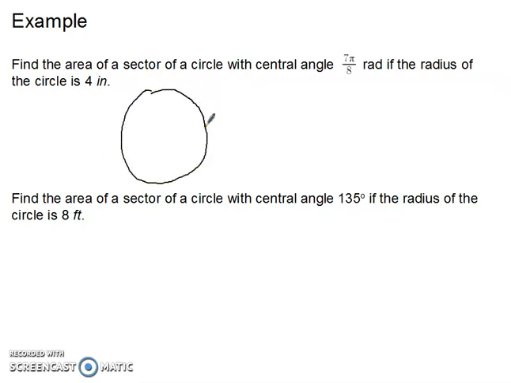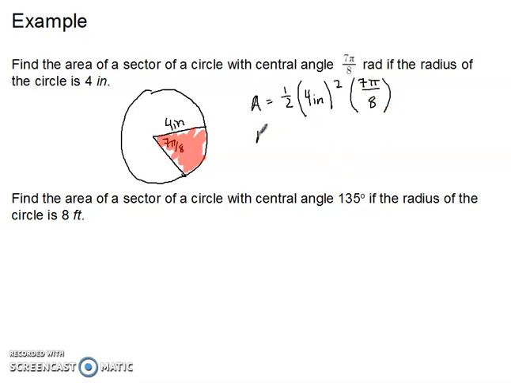Here I have a central angle of 7 pi over 8 and a radius of 4 inches, and I want the area of that sector, so this triangular region or this pie slice formed by that central angle. So my area is 1/2 multiplied by my radius, which is 4 inches, squared, multiplied by my theta, or my central angle measure, which is 7 pi over 8.